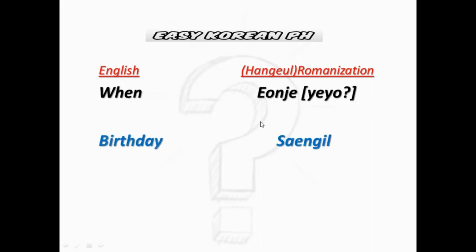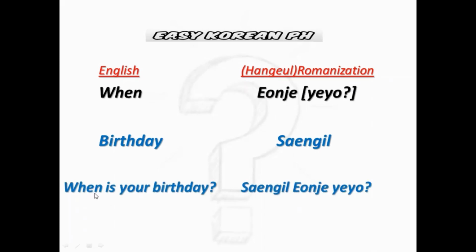Okay, now let's use this interrogative in a statement, no? For example, you will be saying, when is your birthday? In this structure, our subject here is birthday. Based on my previous video, in Korean sentence structure, the subject is always located at the first part of the sentence.